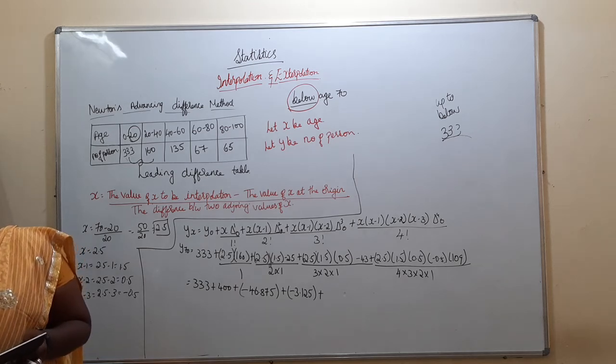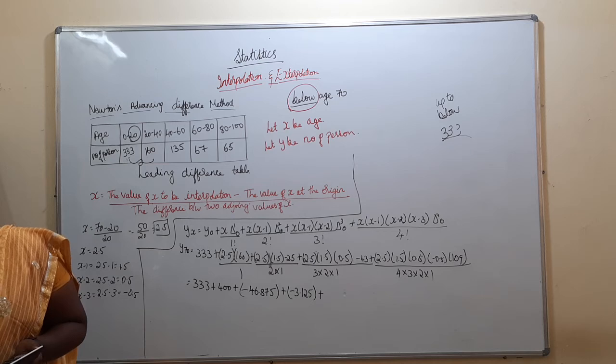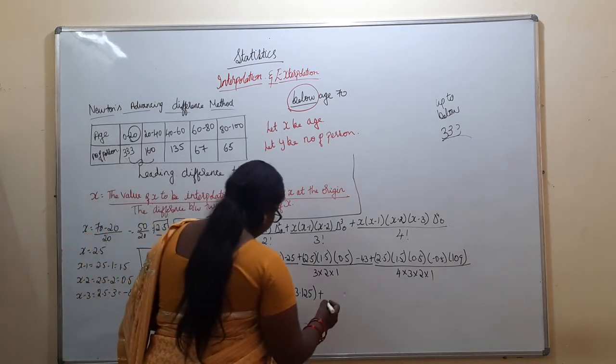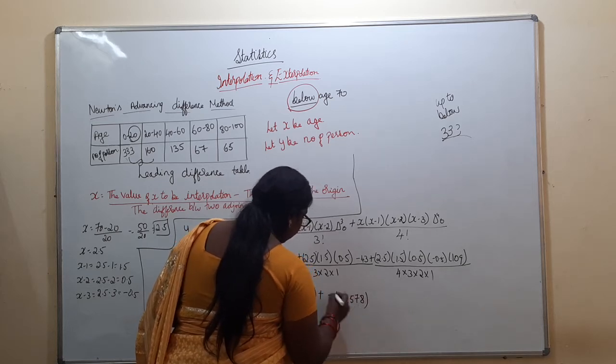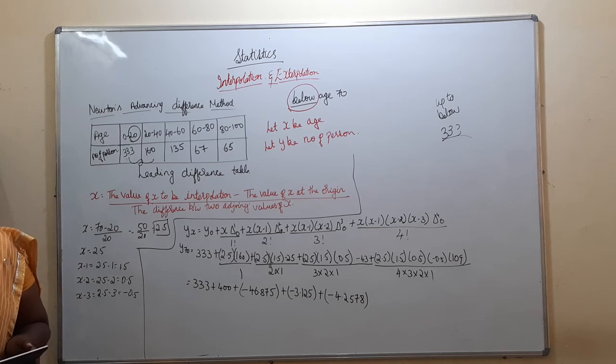I'll get minus 4.2578. Then 2.5 into 1.5 into 0.5 into 43 divided by 6.